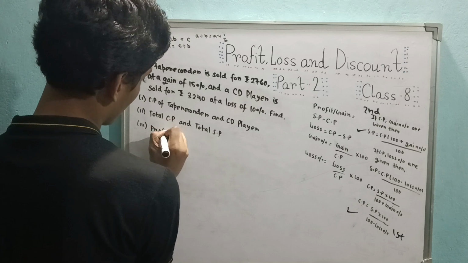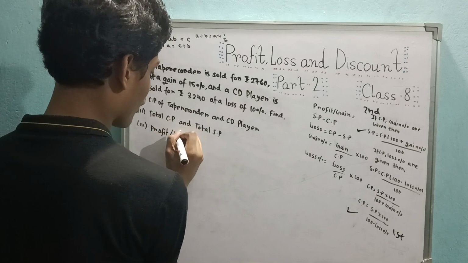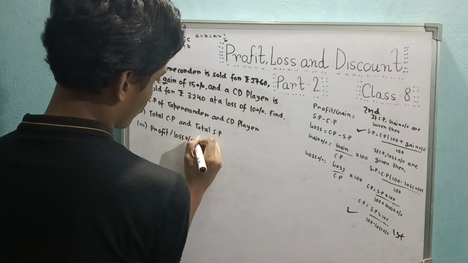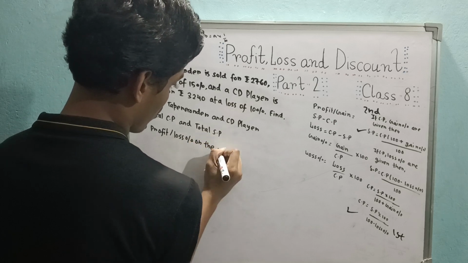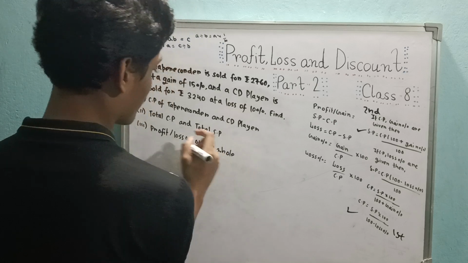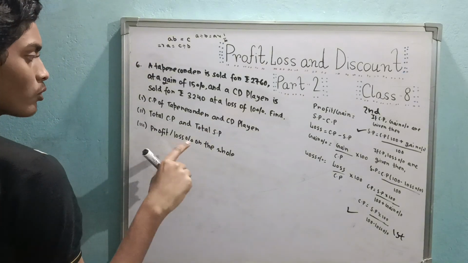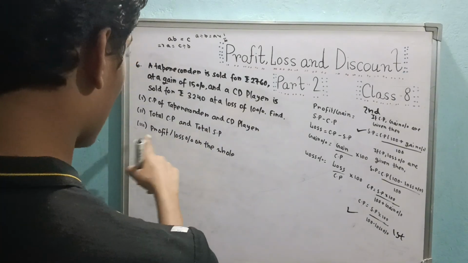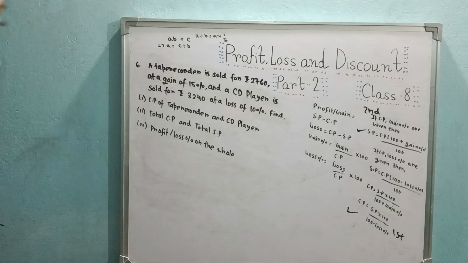Profit or loss percent on the whole. Means after these two transactions, see what is the total CP and total SP, and according to that calculate the profit or loss percent.